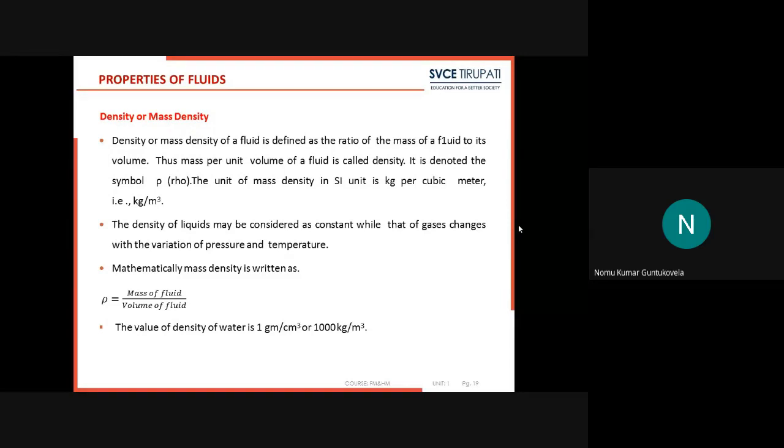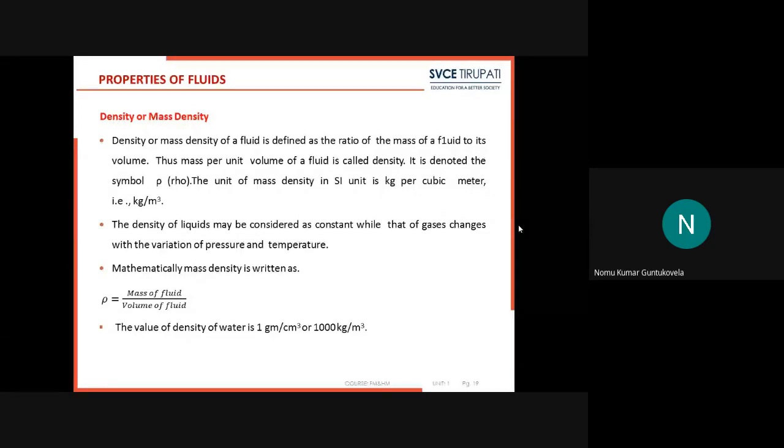First of all, we are going to find out the mass density, or density. Density is defined as the ratio of mass of the fluid to its volume. Mass is in kg and volume is in meter cube, so the unit for density is kg per meter cube, and it is denoted by rho.